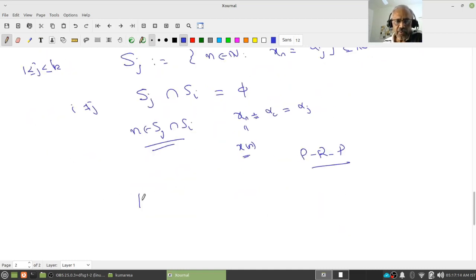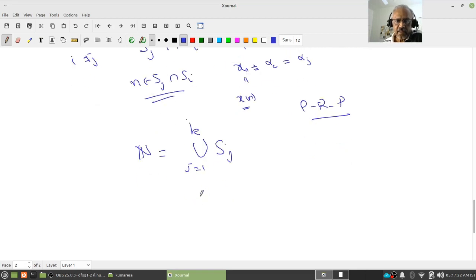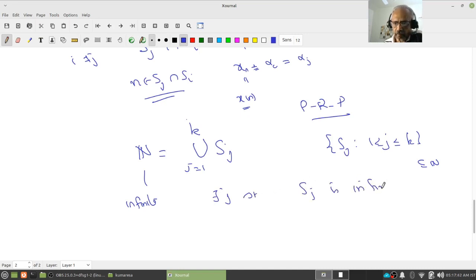Therefore what do I have now? I have N is the union of S_j, j equal to 1 to k, right? Now N is an infinite set, and S_j is a finite collection of subsets, right? So there exists at least one j so that S_j is infinite. Why?